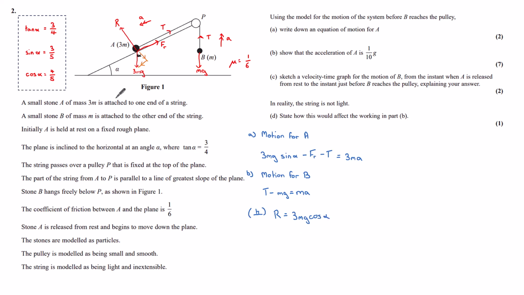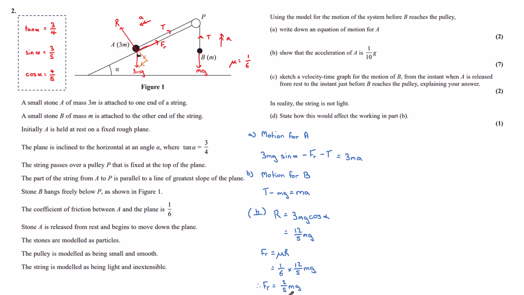Cos alpha I know to be 4/5, so I can write R as 3 times 4/5, which is 12/5 mg. As mentioned, I'm finding R to be able to make some substitution for friction. So friction I know to be mu times R. I know mu to be 1/6. I've just found R to be 12/5 mg. And so I can find friction to be 2/5 mg.